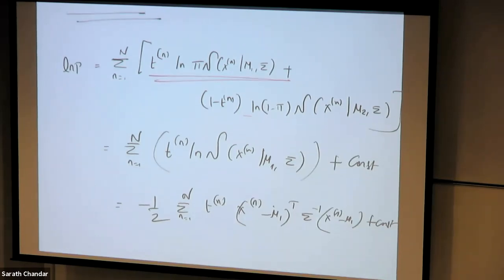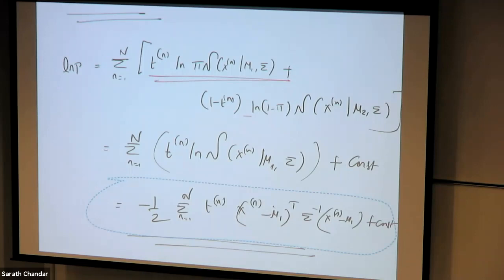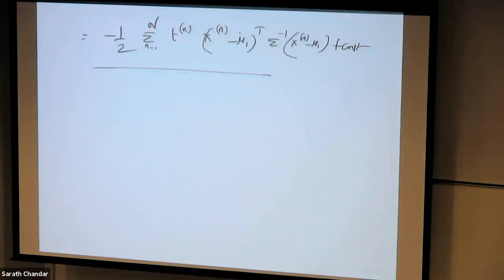Now we can differentiate this and set it to 0. Maybe I'll copy this to the next page. I want to differentiate this with respect to mu1 and set it to 0.